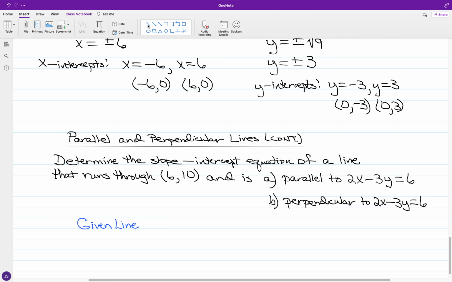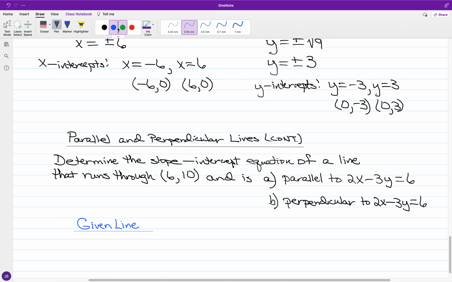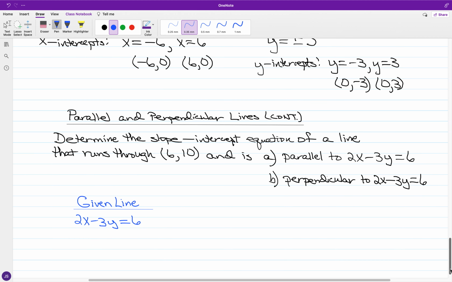And for the given line, this is presented in the standard x and y form where you have the x and the y terms on the same side. So 2x minus 3y is equal to 6.